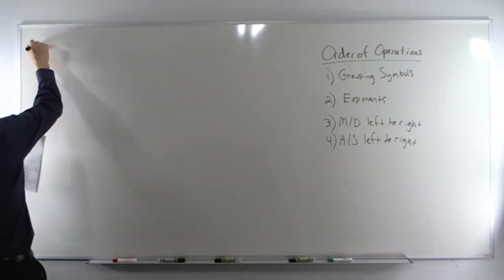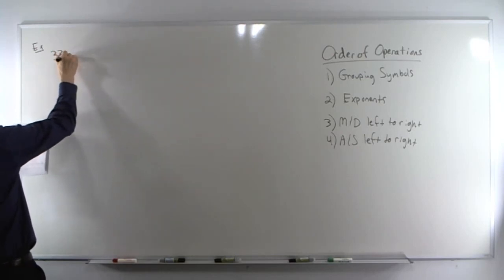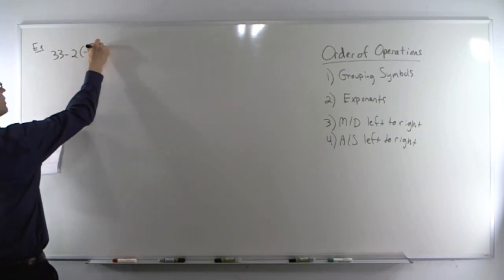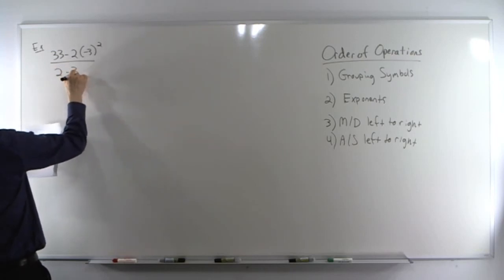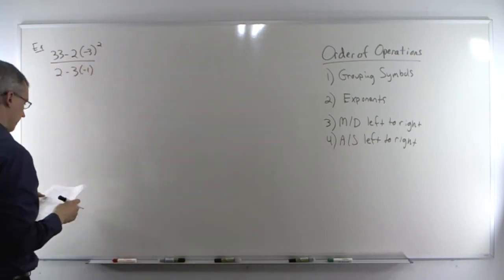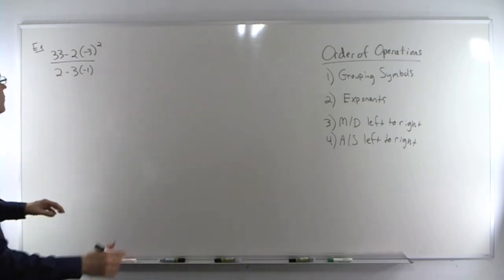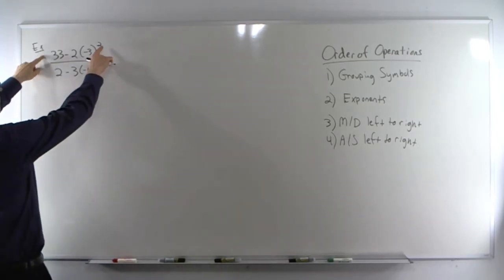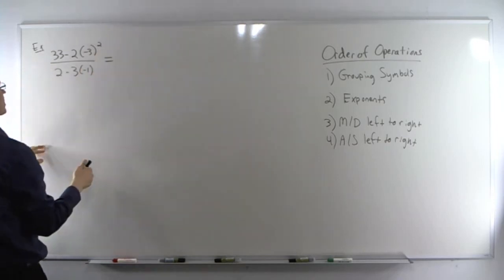Next example, 33 minus 2 times negative 3 squared all over 2 minus 3 times negative 1. So order of operations on top, just looking at the numerator, we're going to start with the exponent.